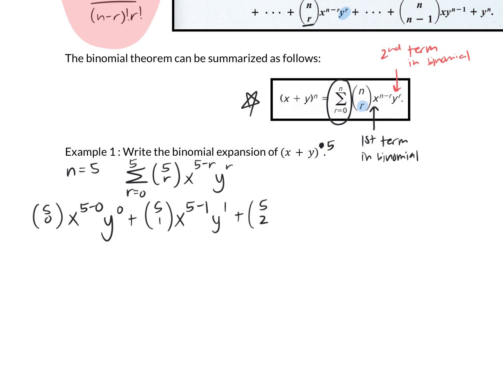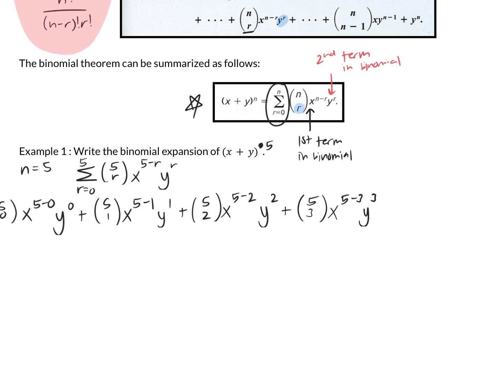Next is 5 choose 2 of x to the 5 minus 2 times y squared. Plus 5 choose 3 of x to the 5 minus 3 times y to the third power.